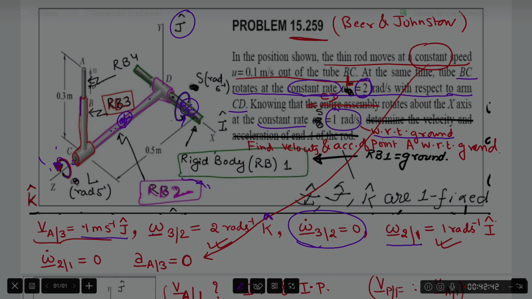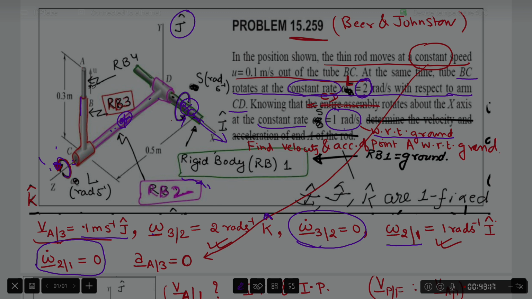And further, the direction of the angular velocity of 2 as seen by this man never changes. It is always along RB1, and the magnitude is constant at 1 radian per second, and that makes me conclude that omega dot 21 must be 0.